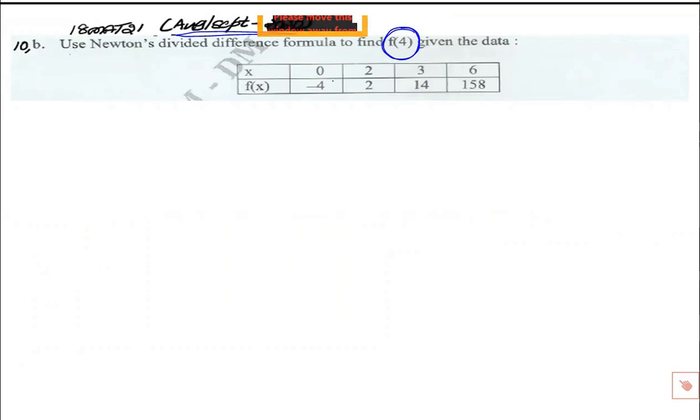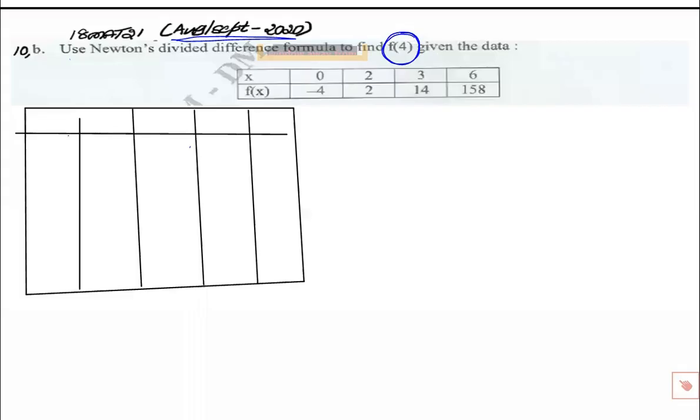X values and y values are given. So first we should make a table. The x values are 0, 2, 3 and 6, and y values are minus 4, 2, 14 and 158.